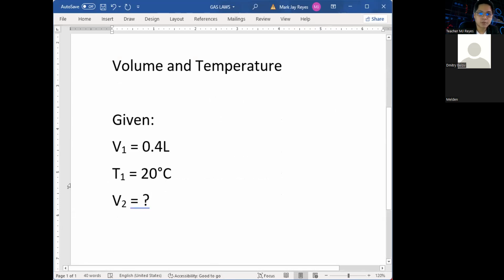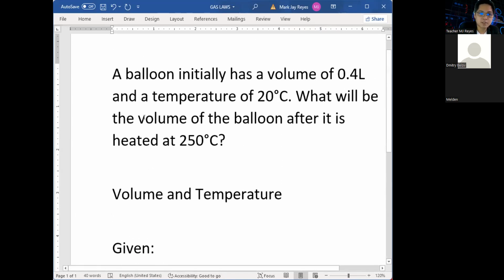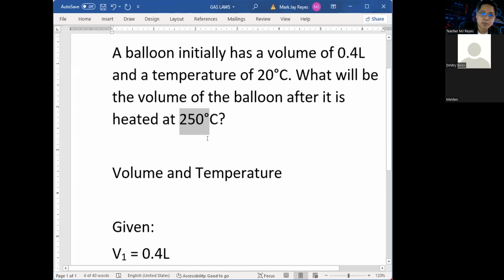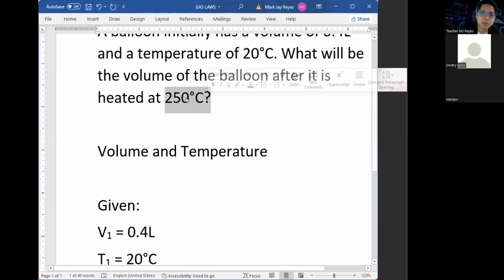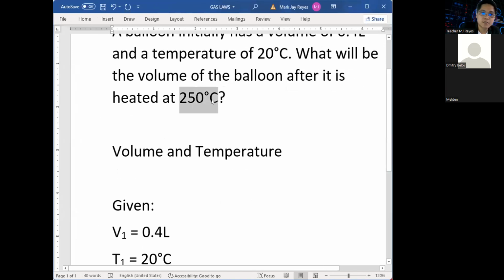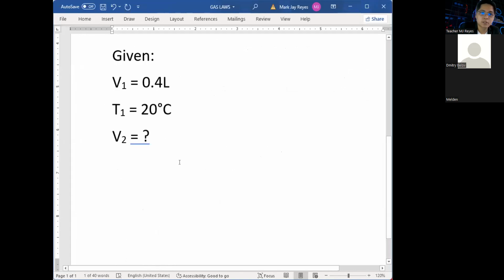The 250 degrees centigrade here is considered as T2, or the final temperature.